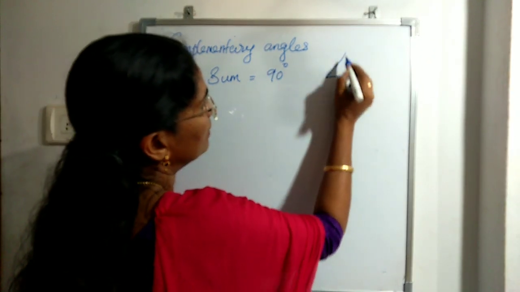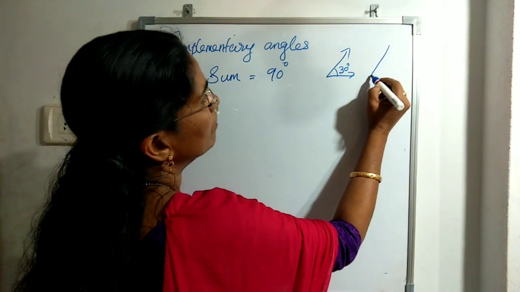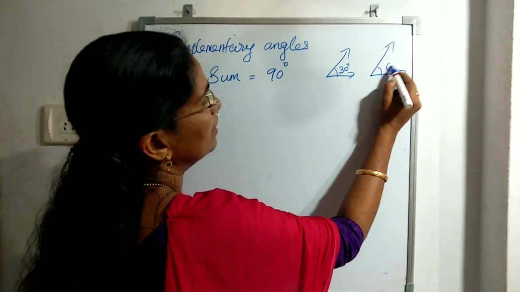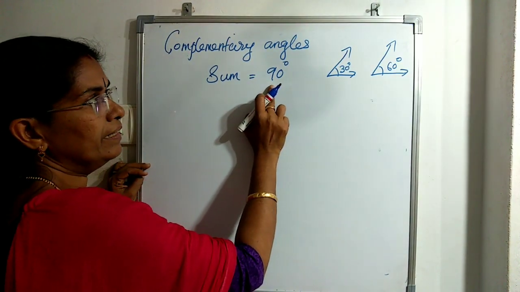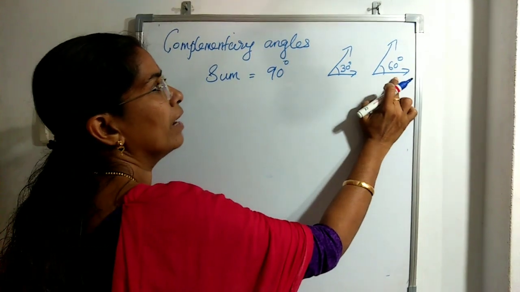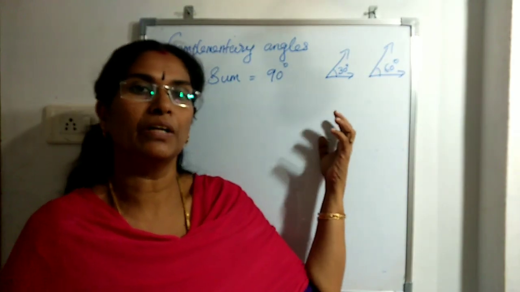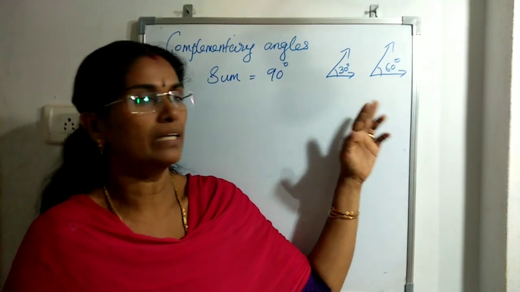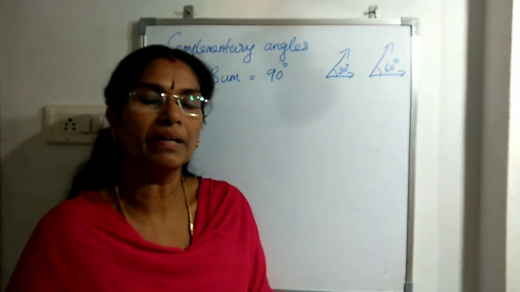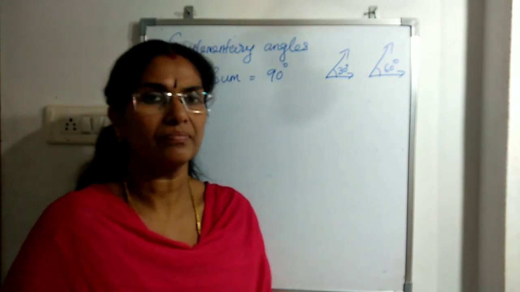See, one angle is 30 degree and another angle is 60 degree. If you add these two, the total is 90 degree. So we say these two angles are complementary angles. Another example is 45 and 45, total is 90. Another one is 20 and 70. All these are complementary angles. Already you learned this in 8th standard, I think.